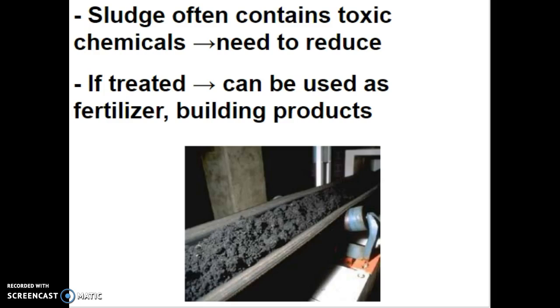So when sludge is treated, it can actually be used as a fertilizer in some cases. And there are some buildings that are trying to use more green and sustainable products by actually solidifying and baking sludge bricks and making them into a building product, so you can actually build with treated sludge.